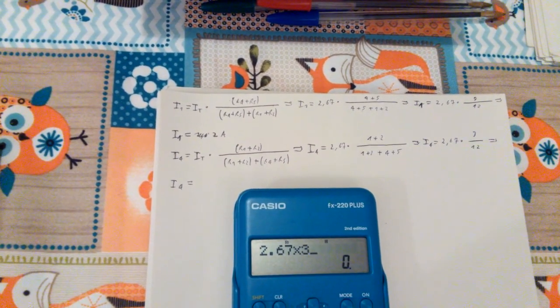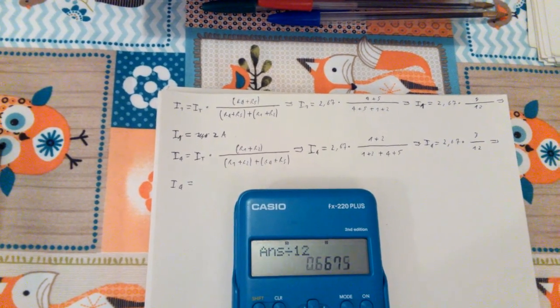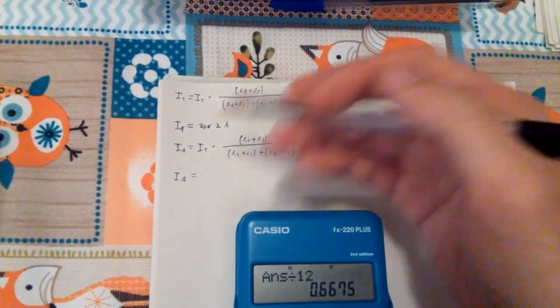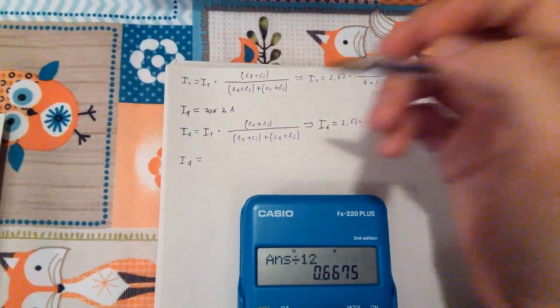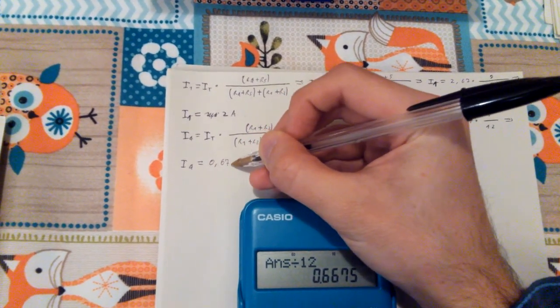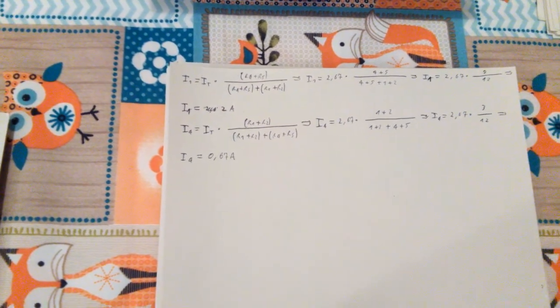So 2.67 times 3 divided by 12 is 0.66, well, 0.67 amps. We're almost there.